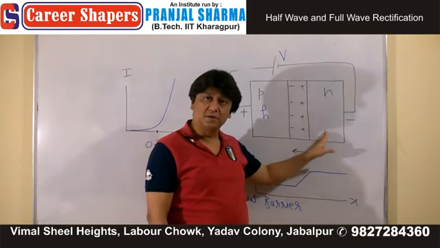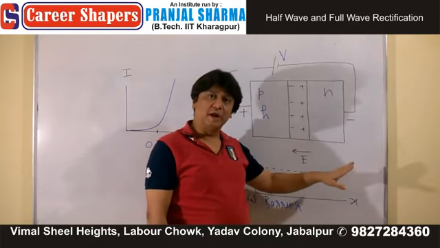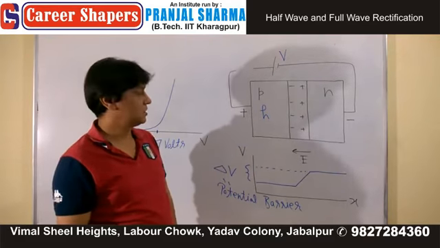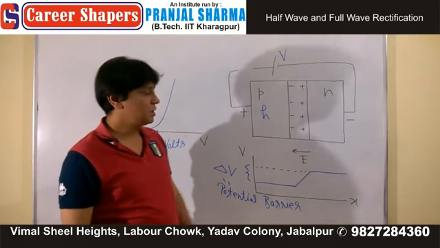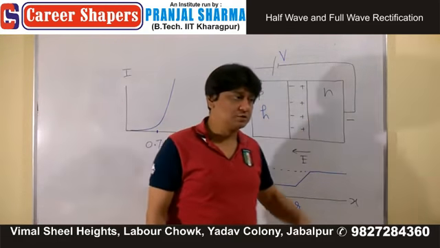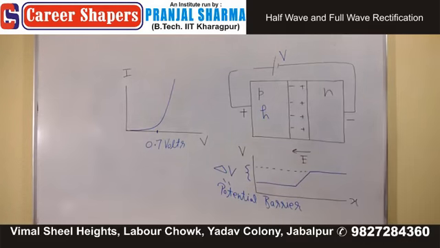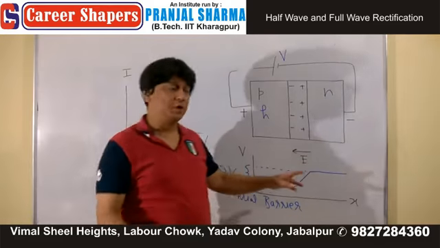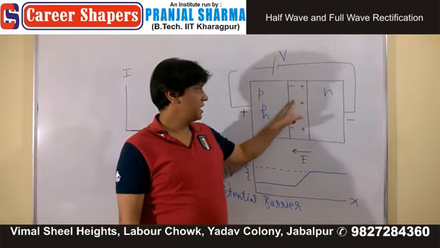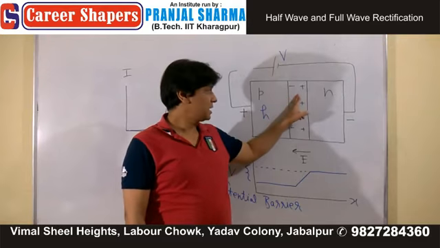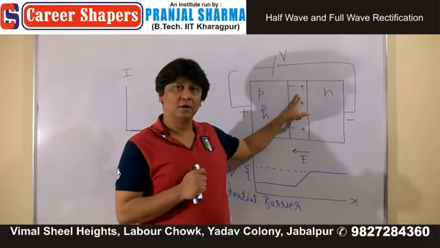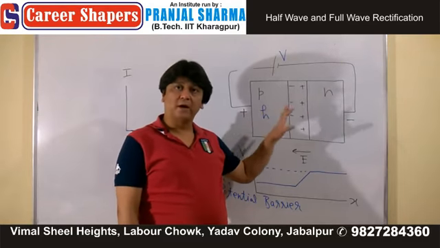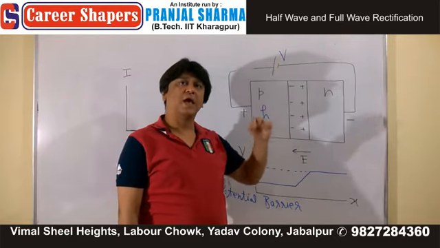And when it does, simultaneously a drift process takes place. What is that drift process? Due to thermal collisions, I have told you that everywhere covalent bonds break, you create a pair of hole and an electron.